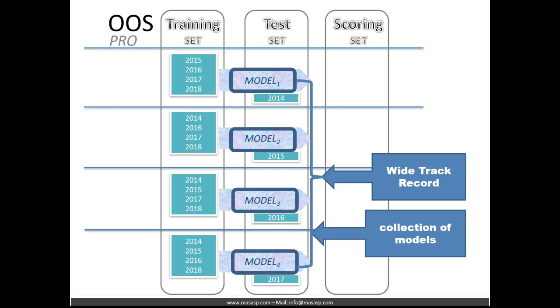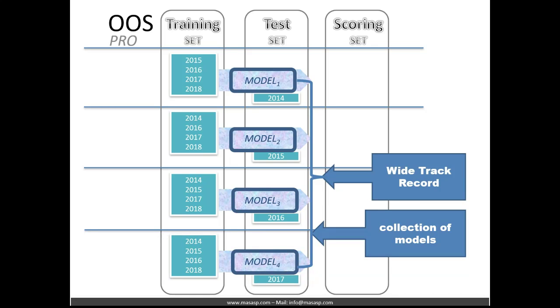The track record related to year X refers to a model built on all years but X. Year X is the out-of-sample which delivers the track record for year X, and so on. Each year is then utilized as out-of-sample. That makes it possible to overcome the shortcomings mentioned in the previous slide.